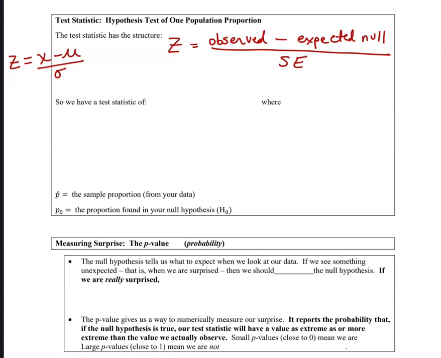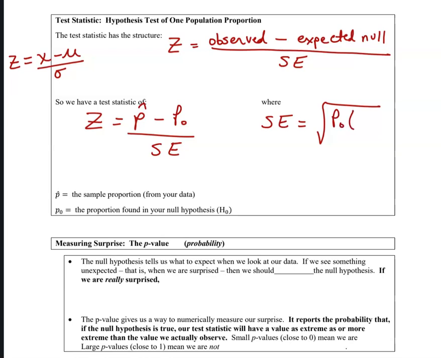So in other words, that becomes z equals p hat minus the null value of P naught divided by our standard error. And our standard error, remember, is going to be the same formula we had in Chapter 7. It's going to be the square root of, now I'm using P naught instead of P, but it's the same idea.